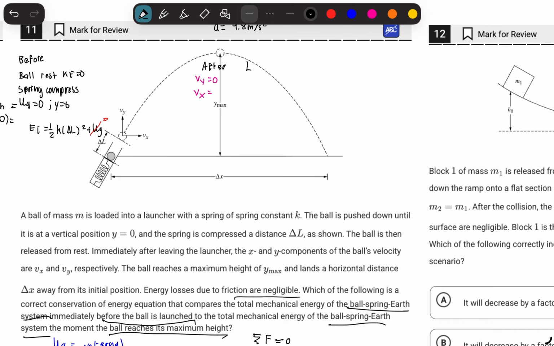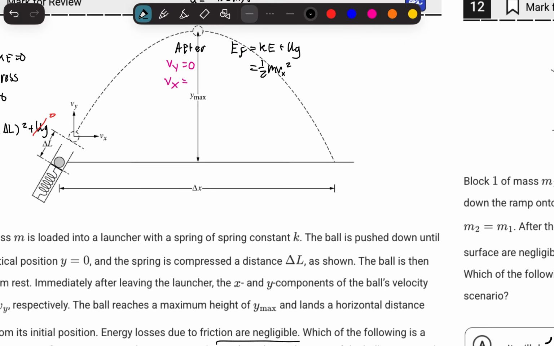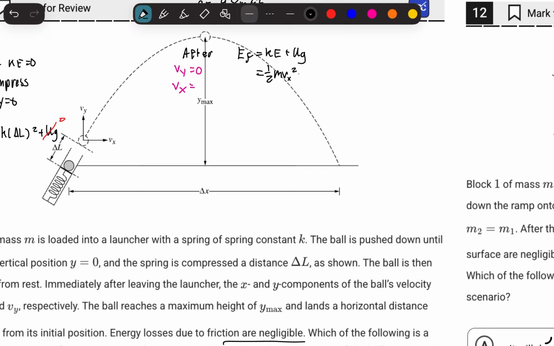So let's just write the whole thing. Actually, EF is kinetic energy plus UG. Your velocity is going to only be your x component because your y component is 0. And your y max, aka h max, same thing.